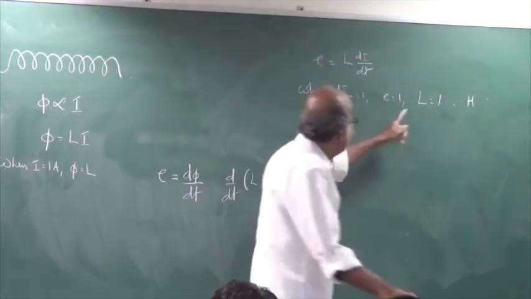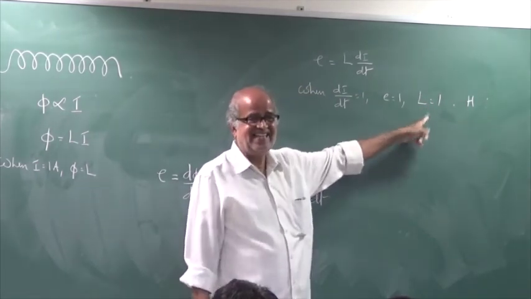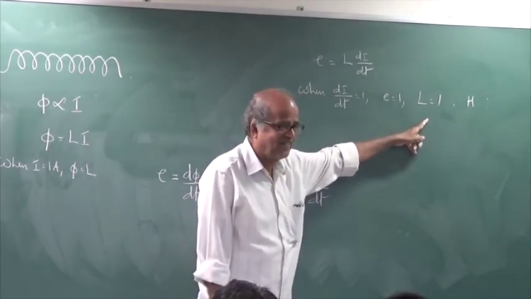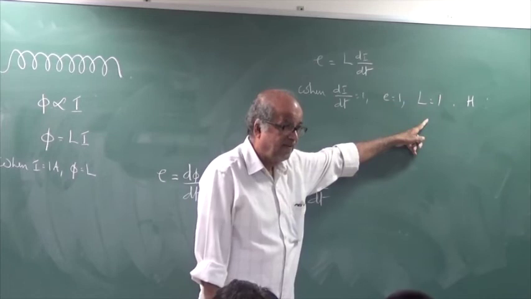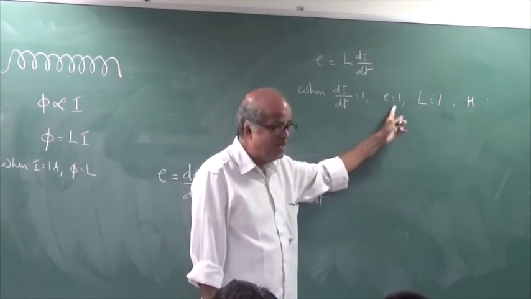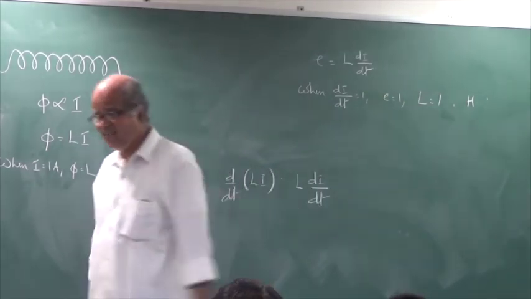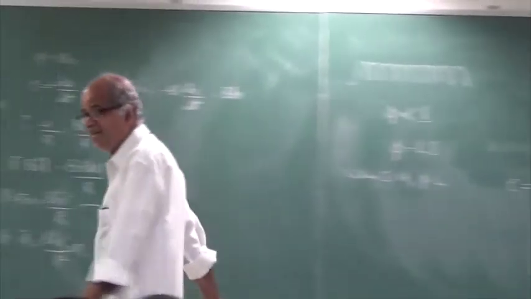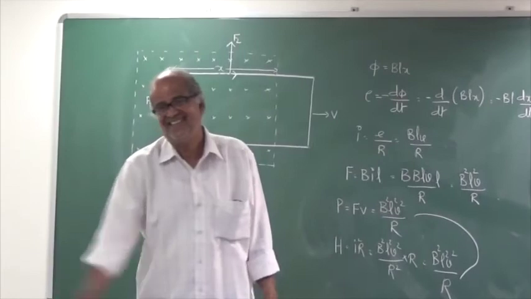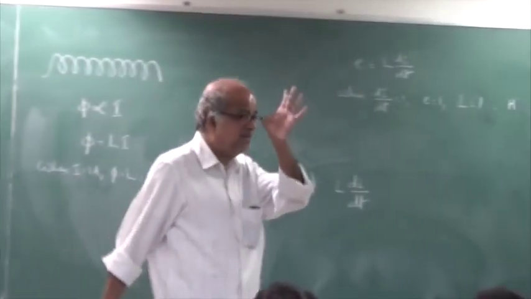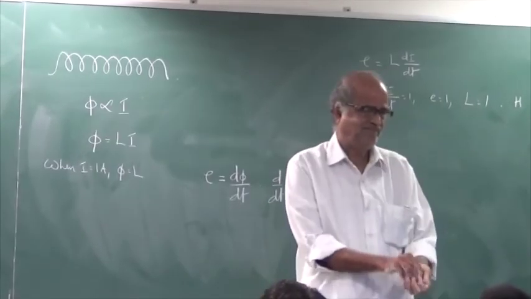How much is 1 Henry? 1 Henry is the self-inductance of a coil if an EMF of 1 volt is induced in it when the current in it is changing at the rate of 1 ampere per second.